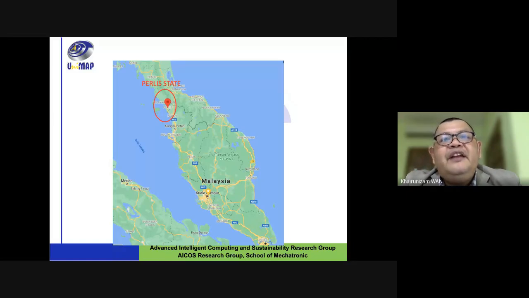Or from India, you can go to Kuala Lumpur, and from Kuala Lumpur take an airplane to Kedah, and then from Kedah use ground transport to Perlis. So you have two ways to reach University Malaysia Perlis. This is the introduction about its location.